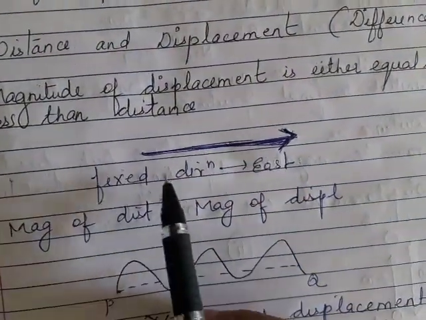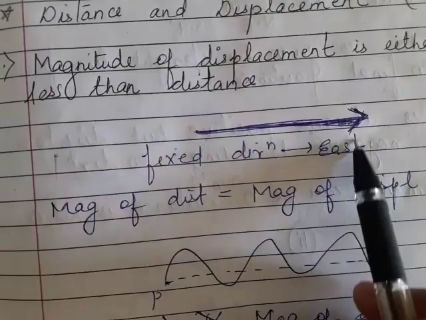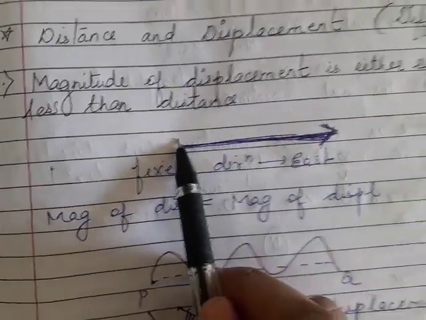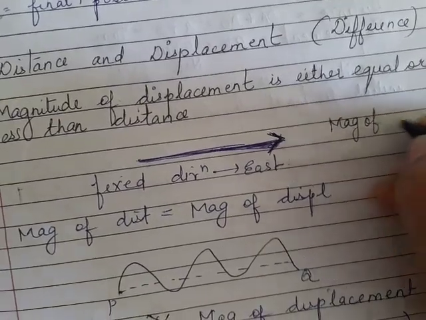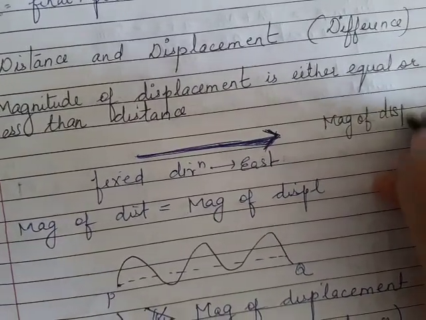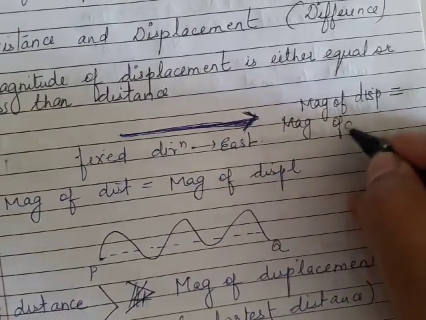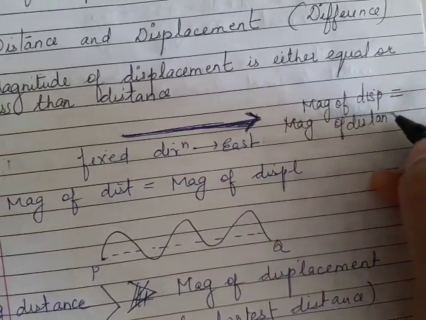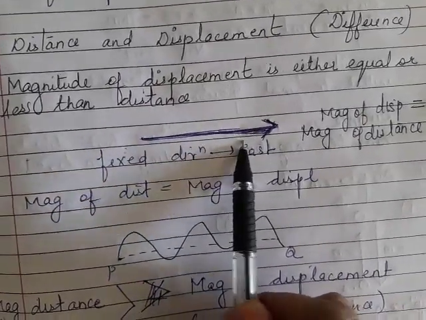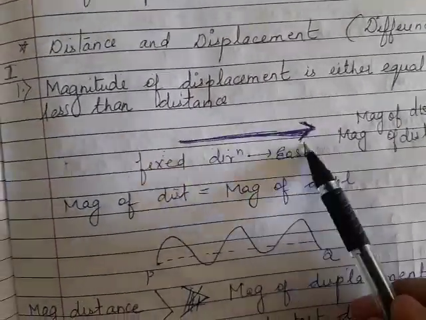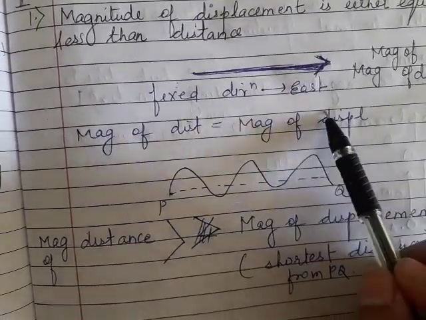As in our example of 40 meters towards the east, the magnitude of displacement will be equal to the magnitude of distance. When is this possible? When it is moving in a fixed direction.